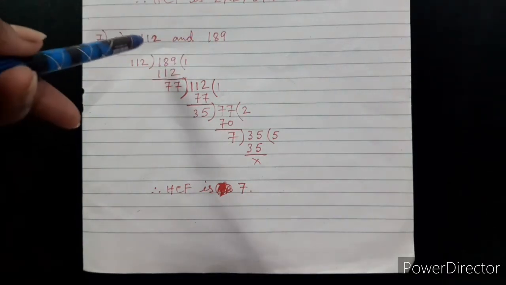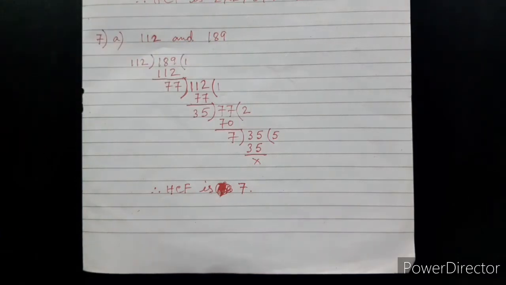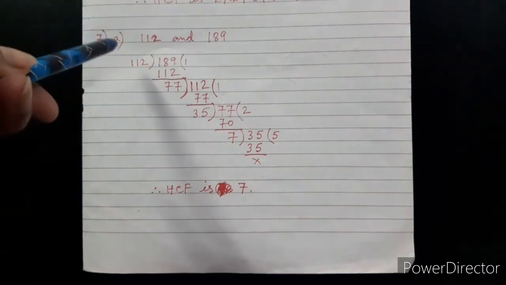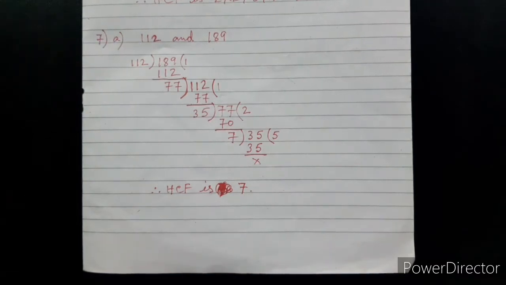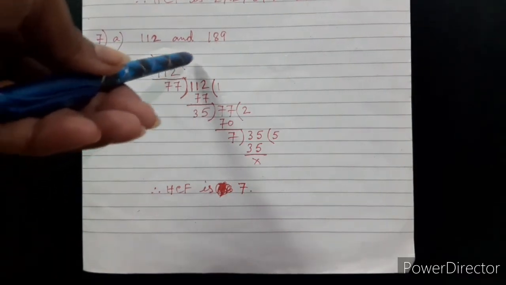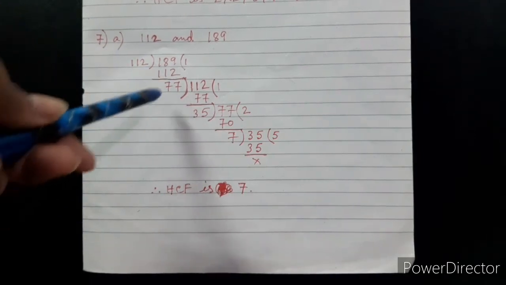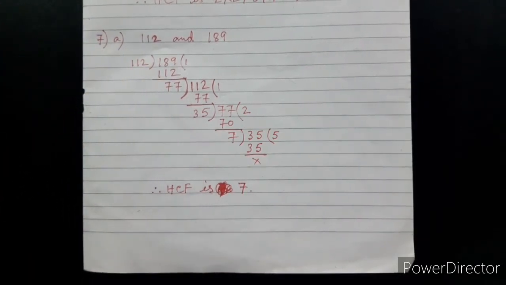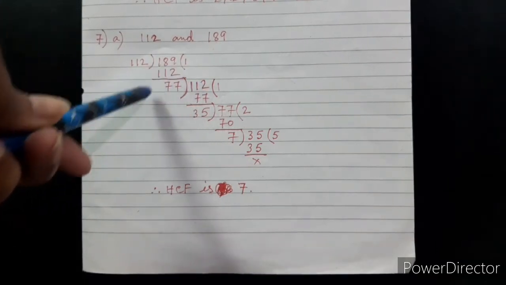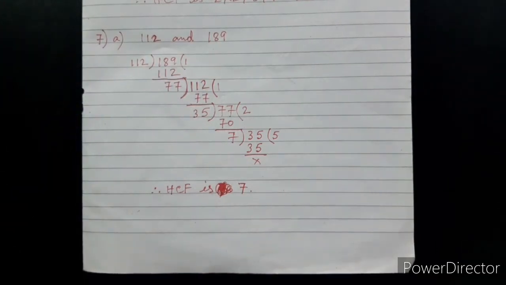Here 112 is smaller than 189. So, we divide 189 by 112. 112 ones are 112. After subtracting we get 77, which is smaller than 112. So, we divide 112 by 77.